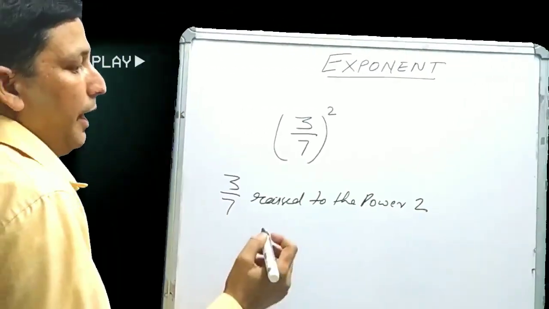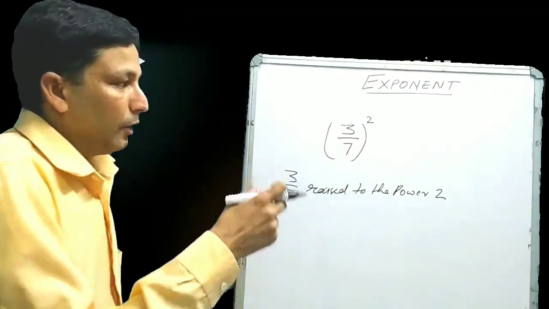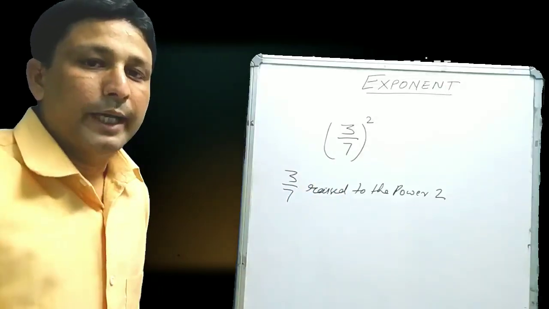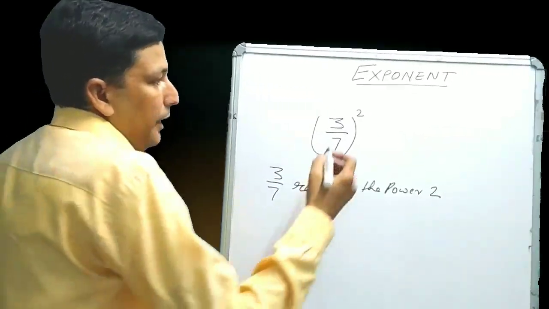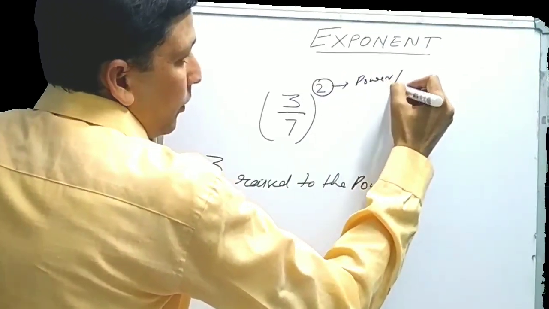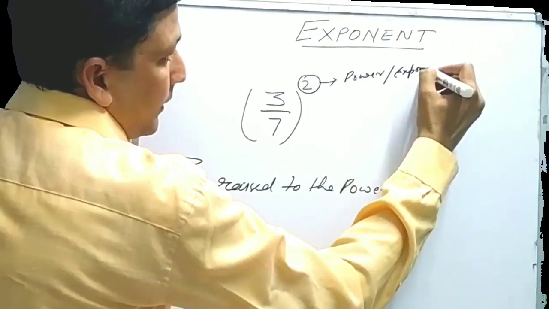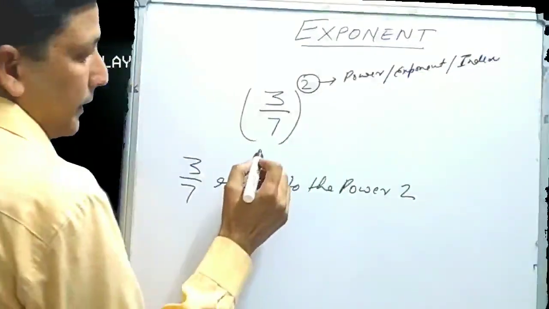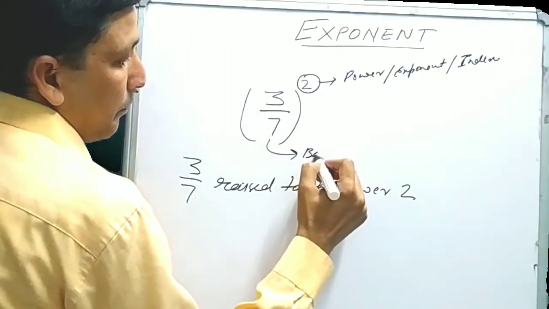According to the definition, it means that 3 upon 7 is used 2 times in multiplication. Here 2 is known as power or exponent or index, whereas 3 upon 7 is known as base.